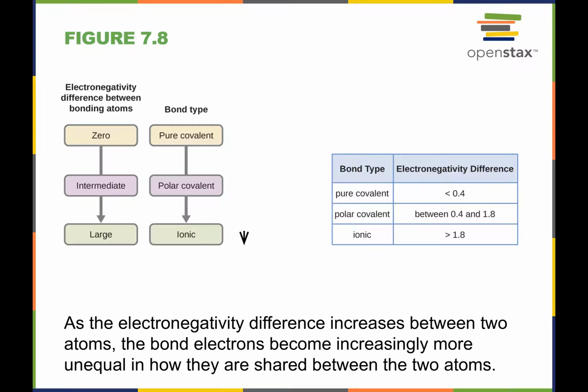That's what gives us a covalent bond. Covalent means electrons are shared, but not shared equally. Who gets more of it? Well, the one with the higher electronegativity.